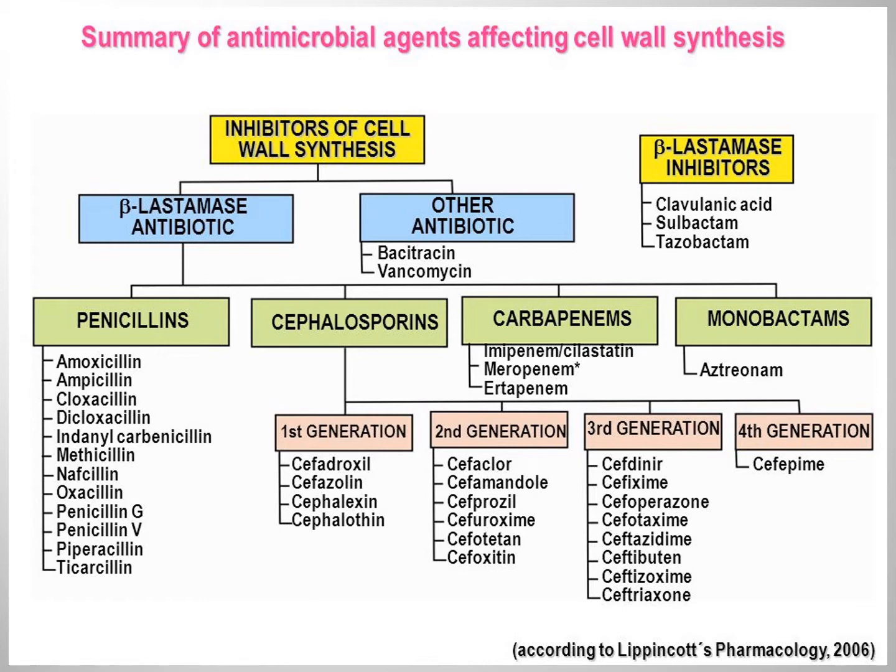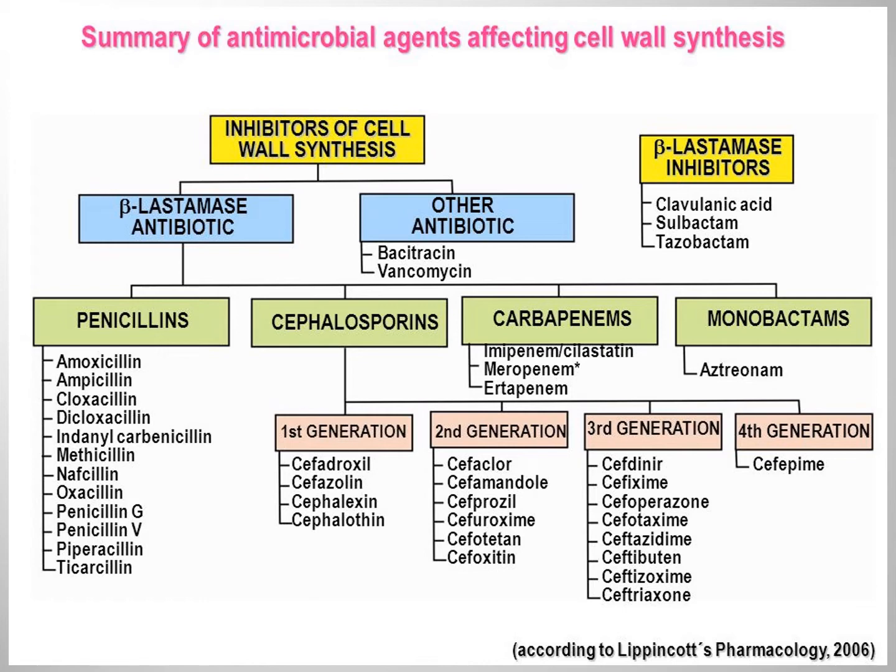Okay, so those are all the beta-lactams. As I said, we're not going to spend a lot of time talking about carbapenems or monobactams, mainly because they're just not used as commonly. But we will spend more time talking about penicillins and cephalosporins.